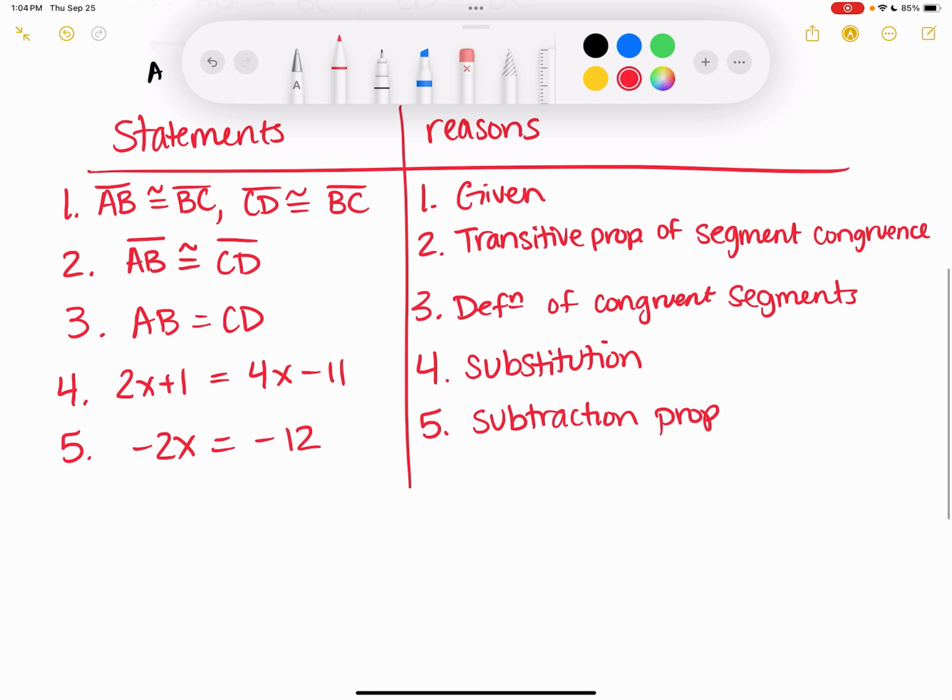All right, now I'm going to divide by my negative 2. So that's going to give me that x is equal to positive 6. And I can do that by the division property. And then I'm done.